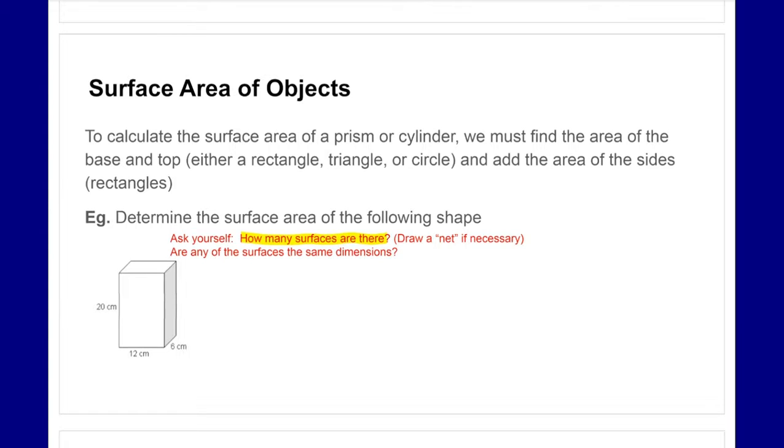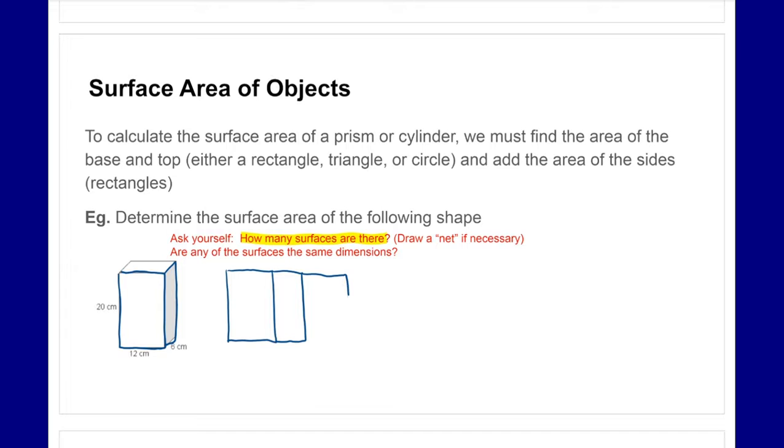If I look at this shape, a rectangular prism, I'm going to break it down and look at it as a net. So we have these longer sides, which would be what we see here. Then we have these shorter rectangles. We see one here.